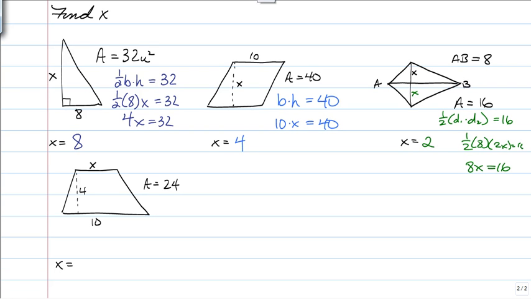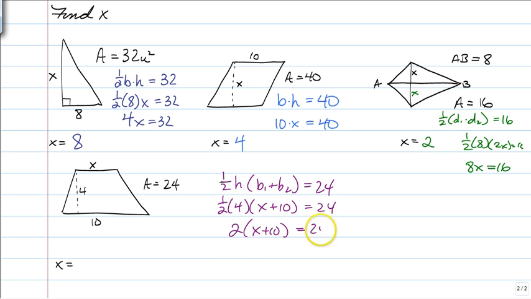So I'm going to let you try the last one. Go ahead, press pause, see if you can find x for the trapezoid. So you should have 1/2 of the height times b1 plus b2 and set that equal to 24. 1/2, we know the height is 4, and the sum of the bases, the top plus the bottom, is equal to 24. 1/2 of 4 would be 2 times x plus 10 is equal to 24.